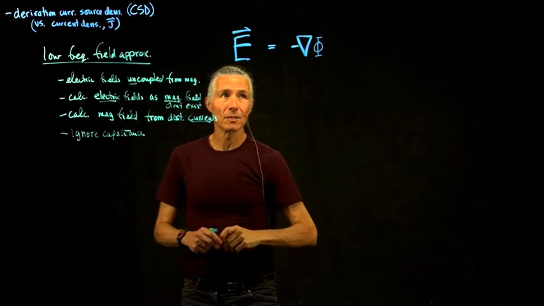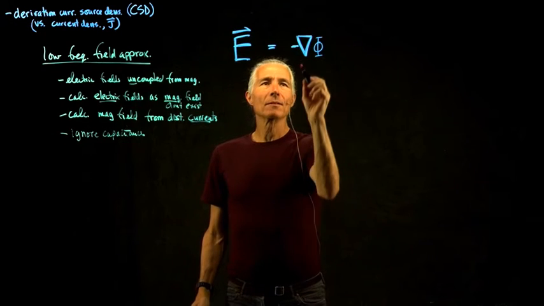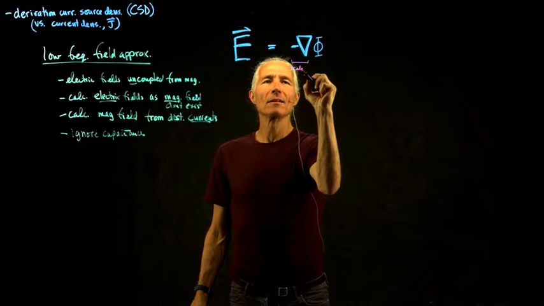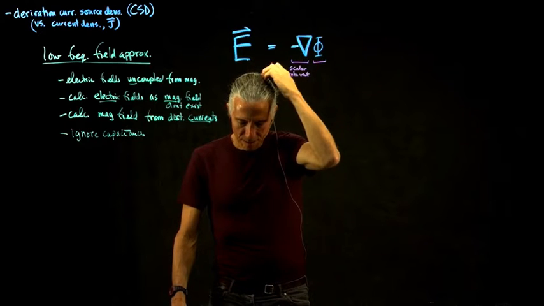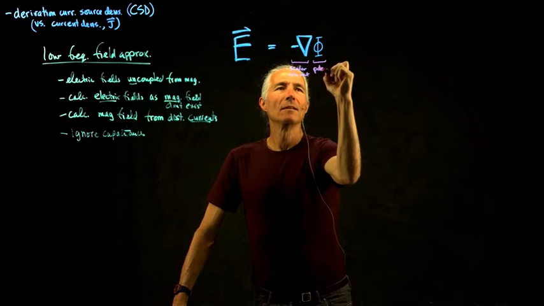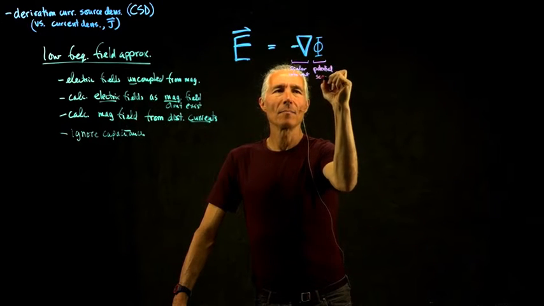That's the voltage at a point in space. So remember, this guy turns a scalar into a vector, and this guy is basically the potential voltage, which is a scalar. That's just a number.